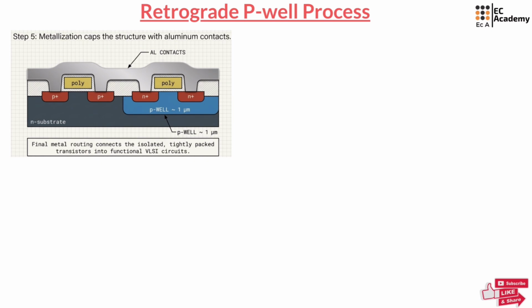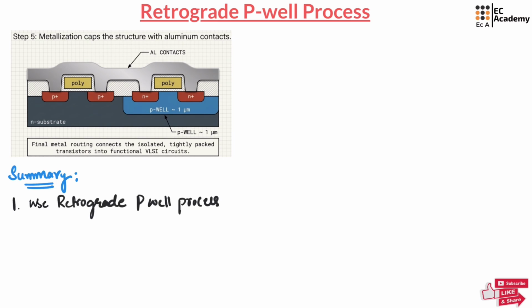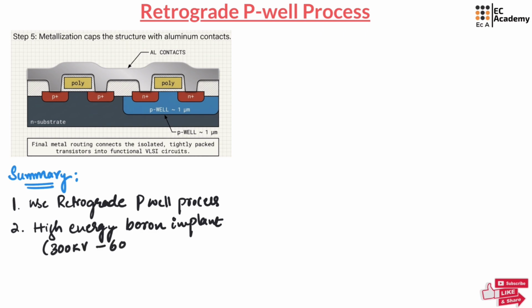Let us summarize the process. In the first step, we use retrograde P-well process to avoid the problem of old thermal diffusion. Then we use high energy boron implant between 300 kilovolt to 600 kilovolt.